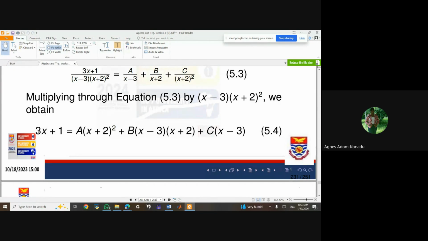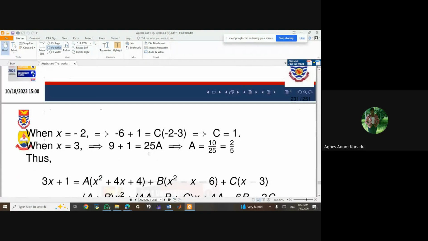So I'll have 9 plus 1, which is 10, is equal to a into 3 plus 2, which is 5. 5 squared is 25. So I solve for my a, and my a will be 10 over 25, which is 2 on 5.